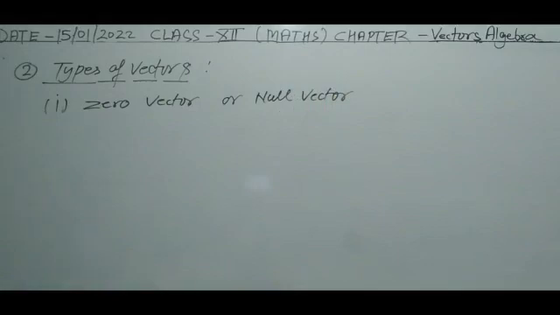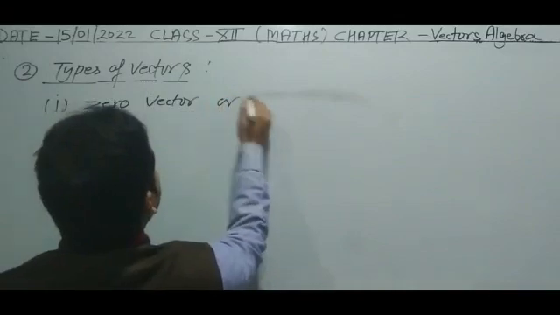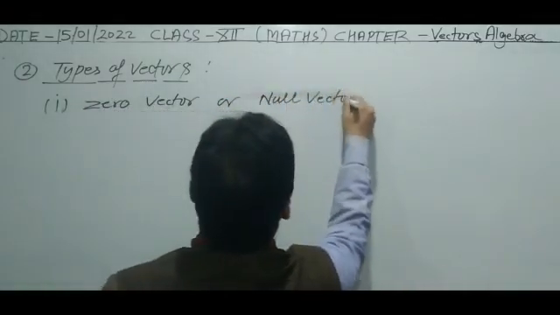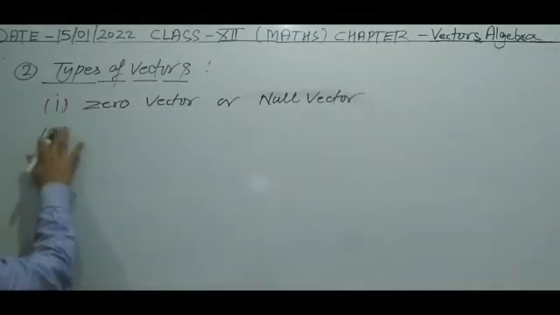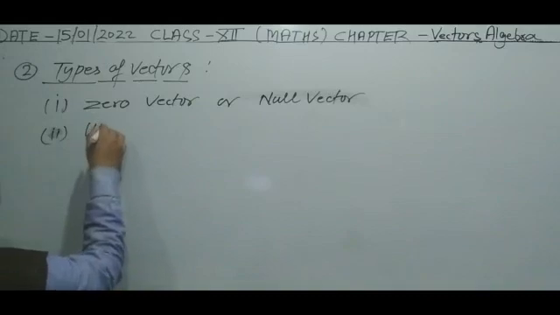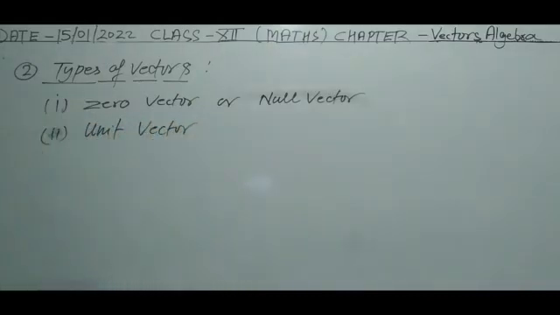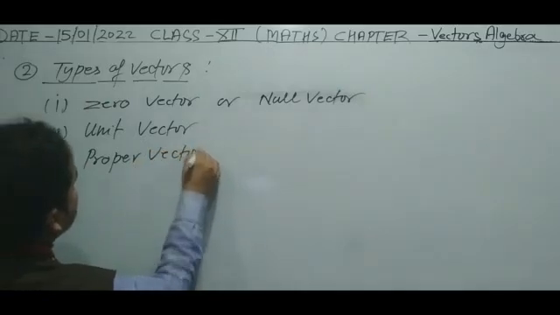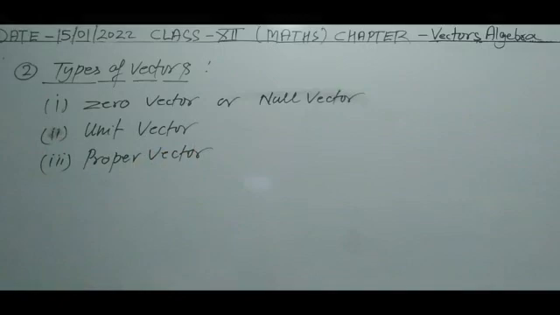Now second is unit vector. Third is proper vector. Fourth is negative of a vector.